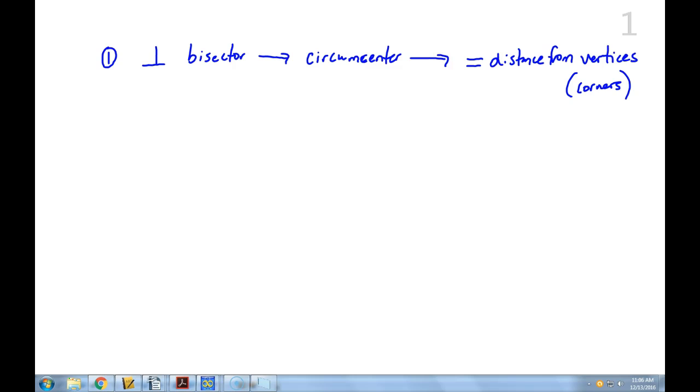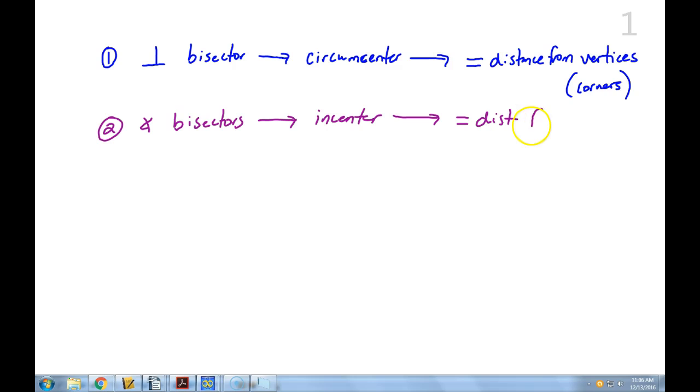And on a related note, angle bisectors do something very special. They meet at a point called the incenter, which is equal distance from the sides or the walls at 90 degrees.